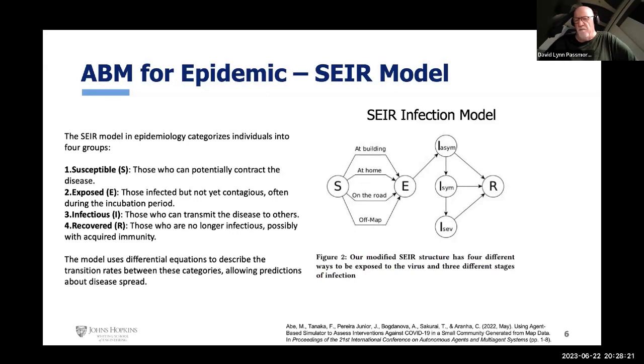So in your infection model, your exposed person is asymptomatic, symptomatic, then severe, and in each of those states they can go to the restaurant. So they could stay asymptomatic, they could be symptomatic, and they could have severe disease.